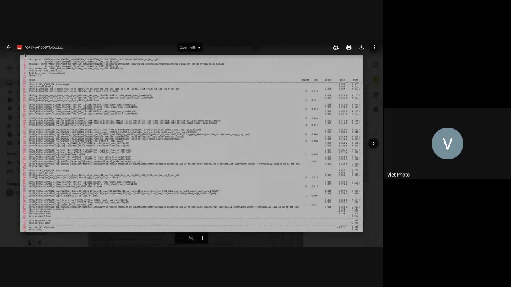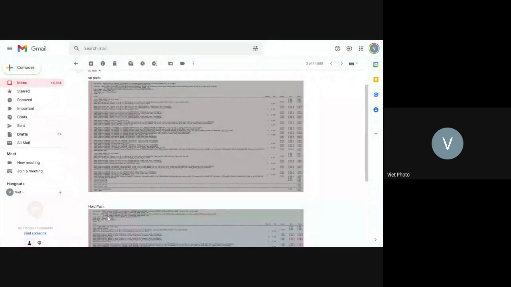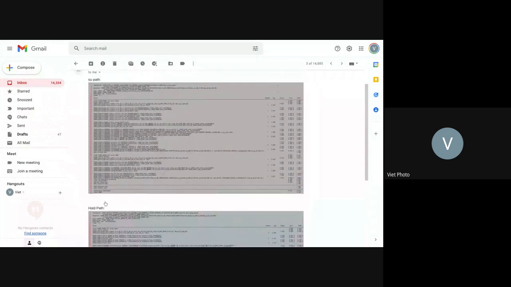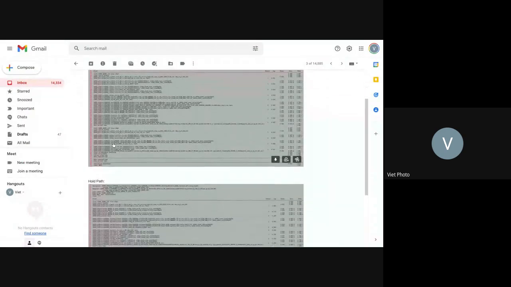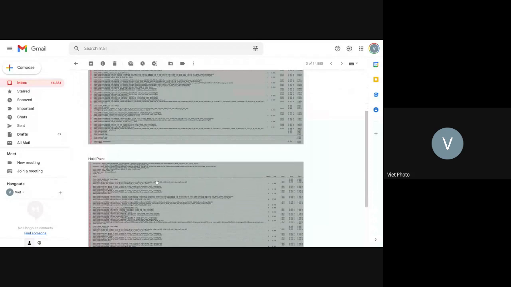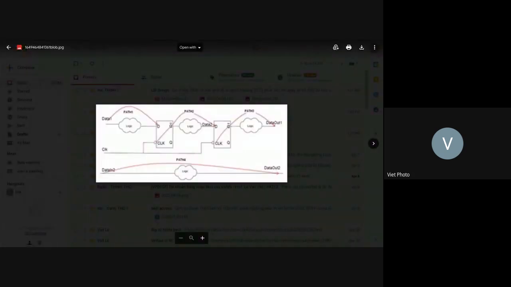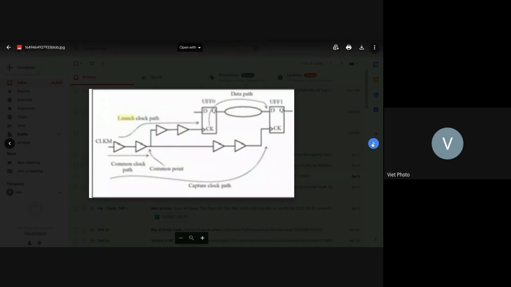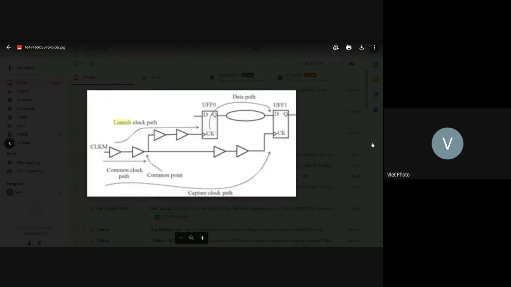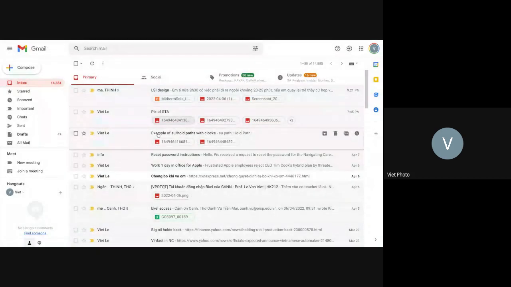This one and the hold part here, right? You see that is the hold part. This is the setup part. I will send this to Professor Then to upload to the BKL. And there's also this picture of SDA. Those pictures I will send out to you so that you can have a reference. All right, any questions?